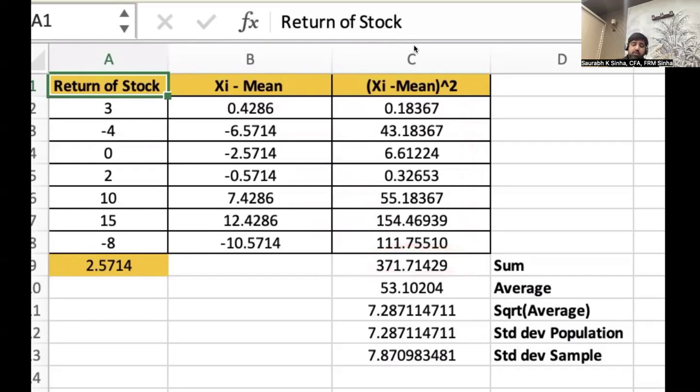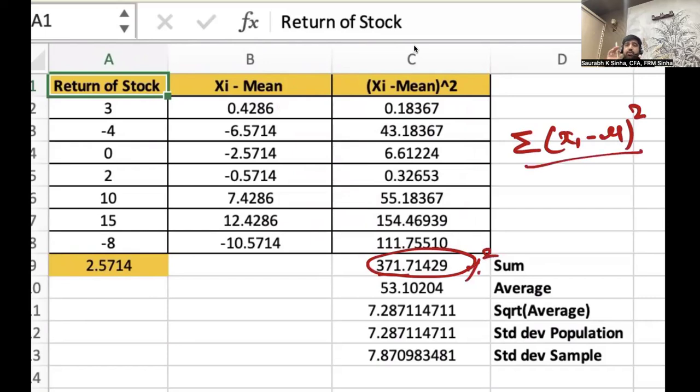So we did (xi minus mu) whole square. The sum comes to 371.71429 percentage square. Then you take the average, because we want the average deviation from the mean, so you divide by 7.